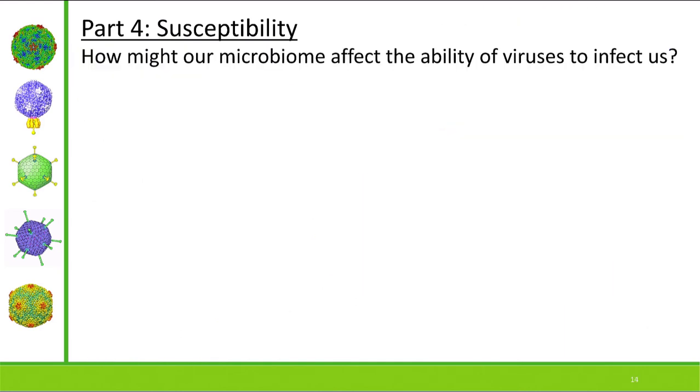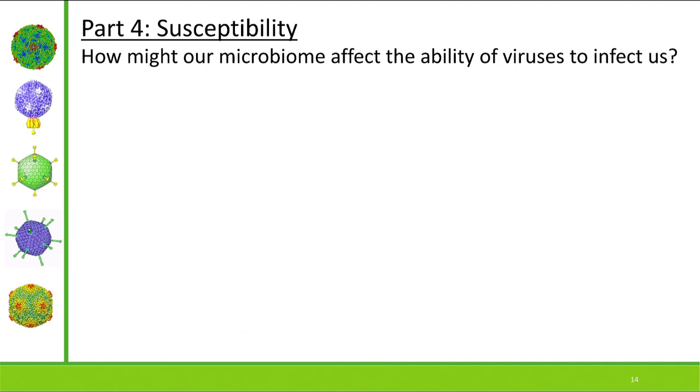Now, the second example that I want to talk about is our microbiome. And this is, I think, a really, really cool example. It's amazing to me, and definitely something that was very new to me.